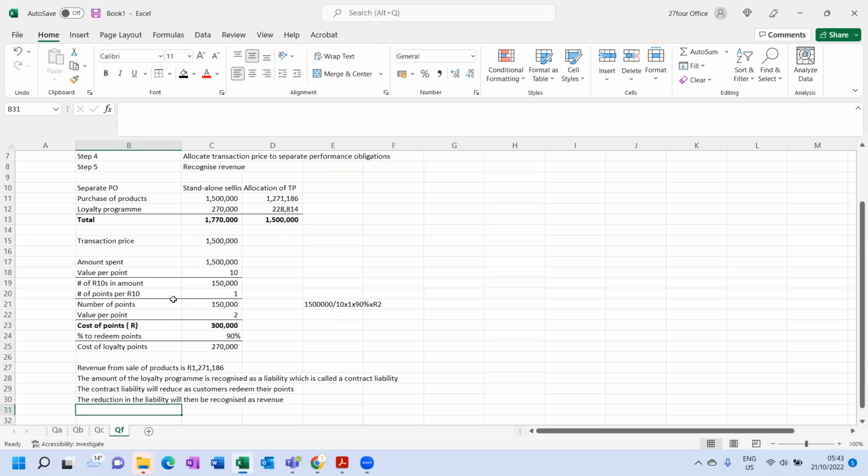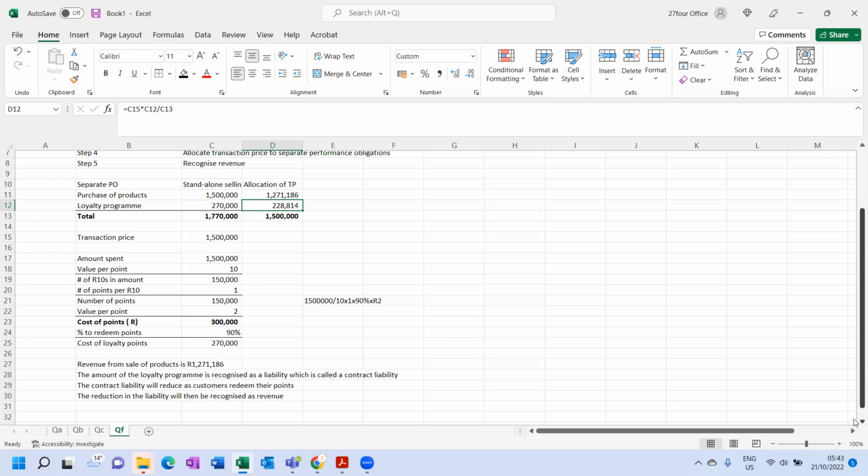What's important is that this 1.2 million will be recognized as revenue immediately as the sale takes place. The rest is recognized as a contract liability, which is reduced and transferred to revenue as customers redeem.